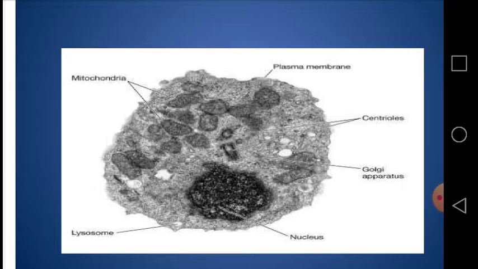What is a microphotograph? A microphotograph is that photograph which is taken with the help of the microscope. You can see a very prominent nucleus in this photograph, a plasma membrane and the cytoplasm, in which many different types of organelles are floating. So this is the microphotograph of the animal cells.